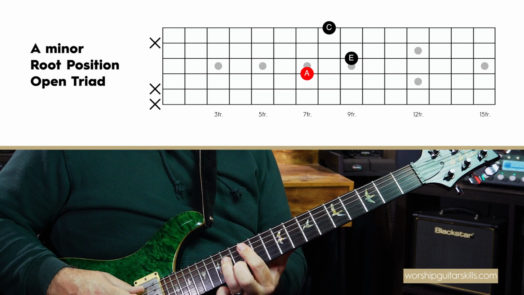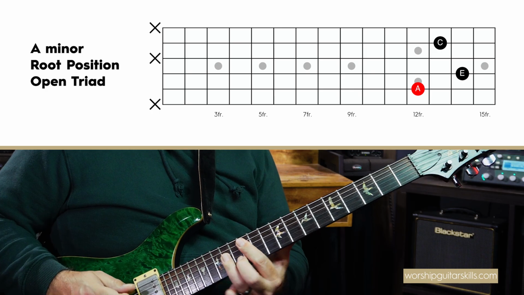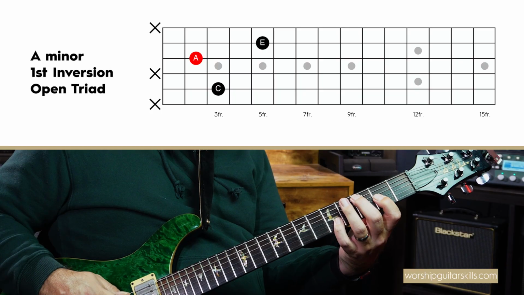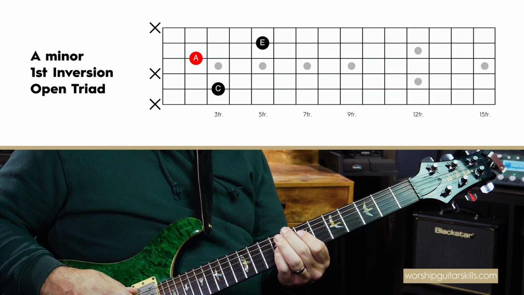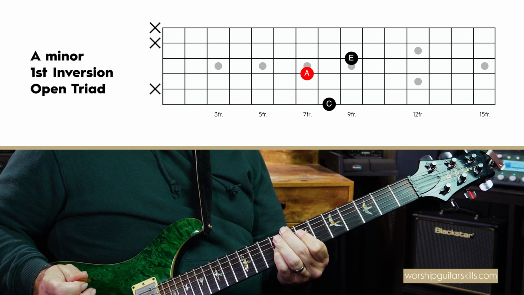Or I can play that same shape there. And then this shape like this will just change slightly to play it over there. Alright, so there's some alternate fingerings that you can check out.